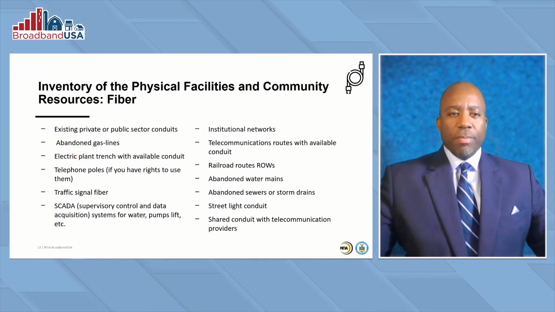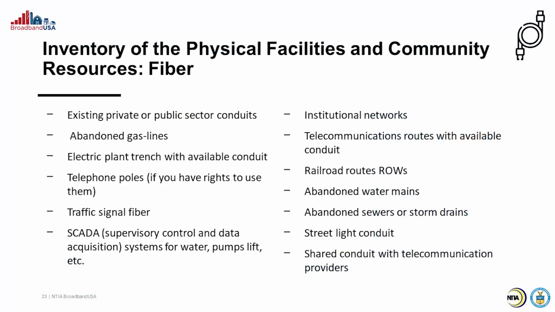So let's go through these one by one. With the inventory of physical facilities and community resources, let's focus in on fiber assets and fiber facilities. I'm not going to read through all of these, but just as an example, you're going to determine, are there any existing private or public sector conduit, right?